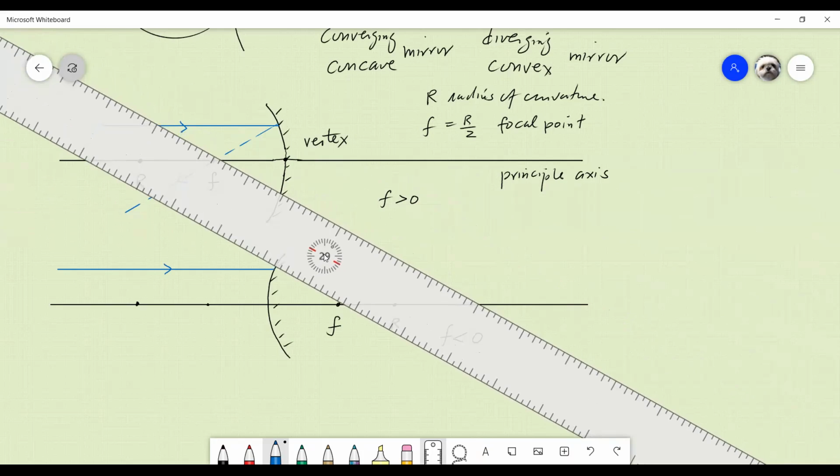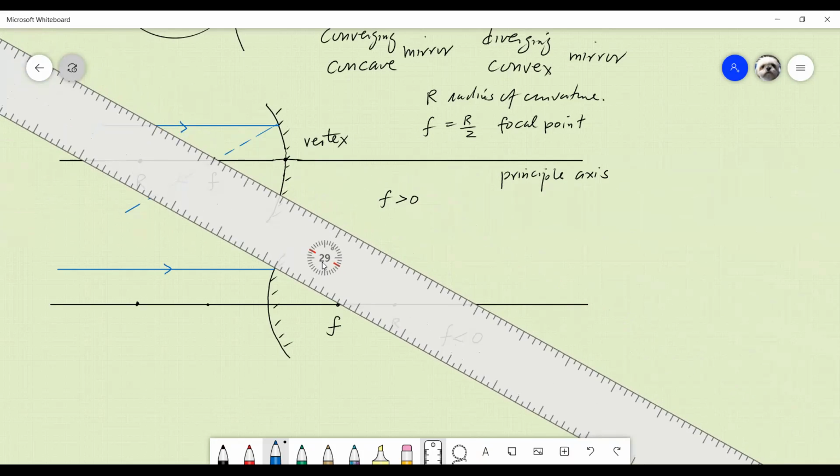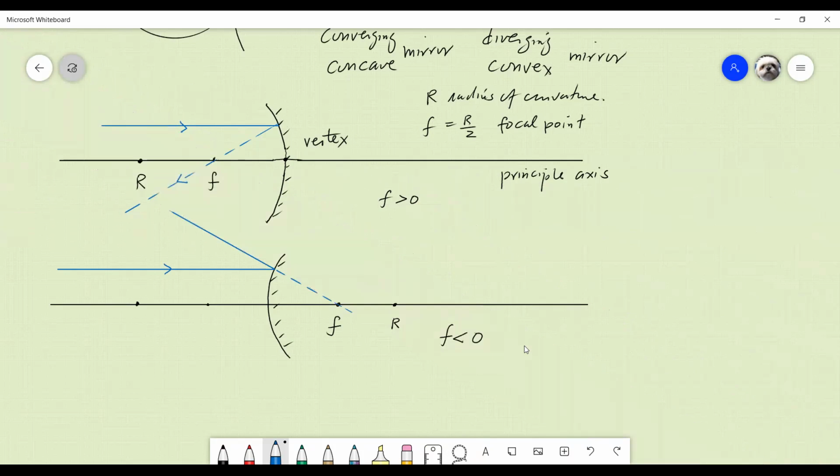So it looks like this line is coming out from here.